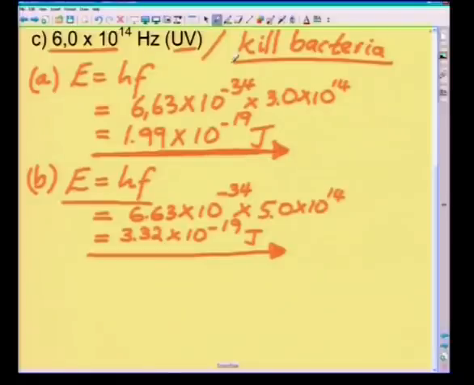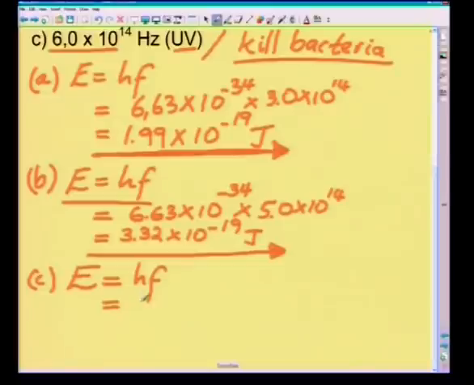Good. Now, coming to number C, ultraviolet light. Again, I'm looking for the energy carried by a photon of ultraviolet light. So I'm going to write down my equation, the equation that gives me the amount of energy carried by a photon of ultraviolet light.